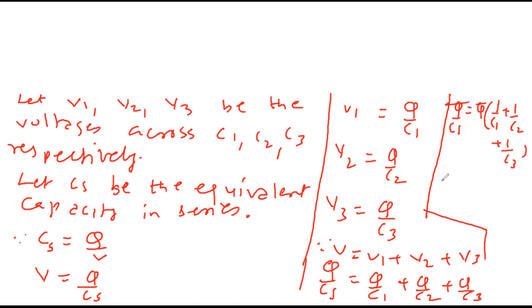Q cancel. So 1 upon Cs is 1 upon C1 plus 1 upon C2 plus 1 upon C3. I think now you follow. Please copy the last line. So for three condensers, we proved 1 upon Cs equal to 1 upon C1 plus 1 upon C2 plus 1 upon C3.